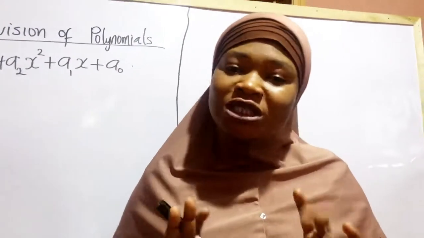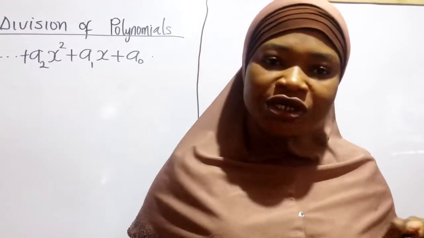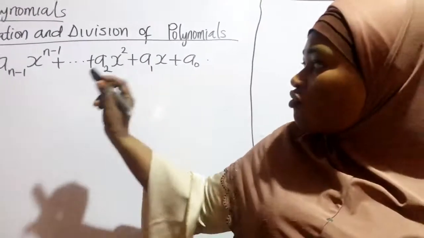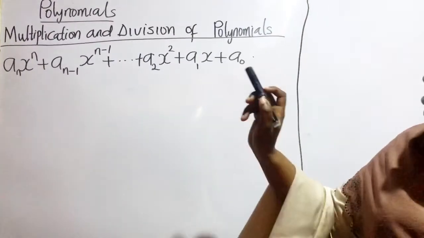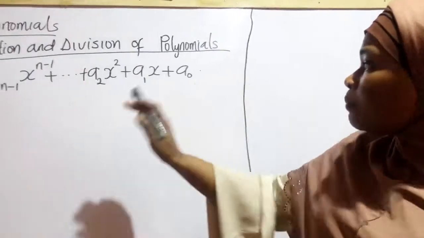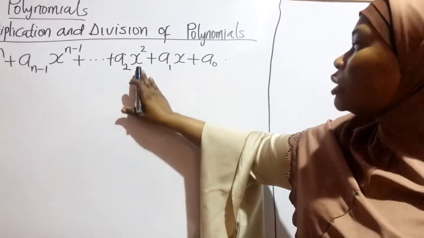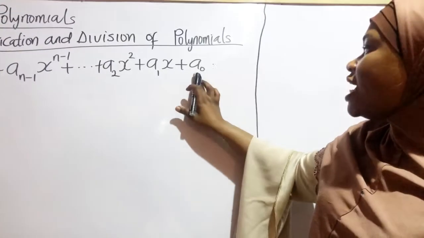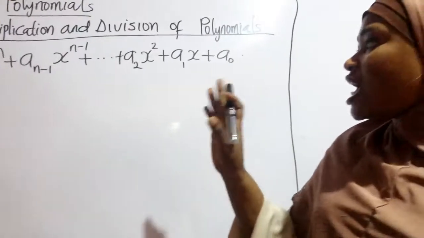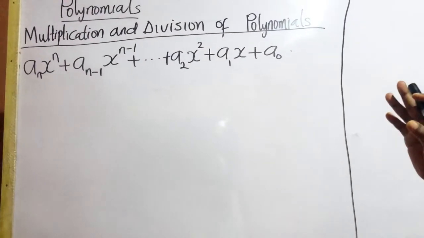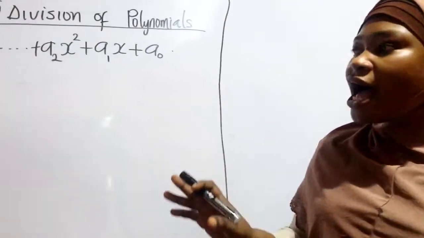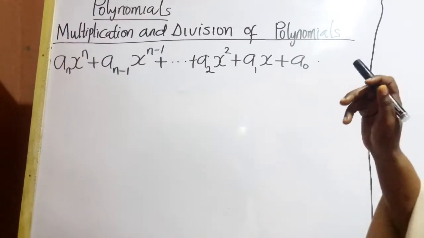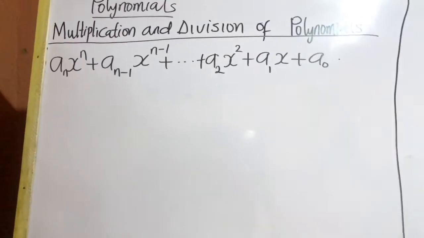So in today's class, we want to study multiplication and division of polynomials. In the last video, we discussed that a polynomial is of the form a subscript n multiplied by x raised to the power of n, plus a subscript n minus 1 multiplied by x raised to the power of n minus 1, plus and so on, plus a subscript 2 multiplied by x raised to the power of 2, plus a subscript 1 multiplied by x, plus a subscript 0, where a subscript n minus 1, a subscript 2, a subscript 1, and a subscript 0 are numerical constants, and they are coefficients of x raised to power n, x raised to power n minus 1, x raised to power 2, and x.